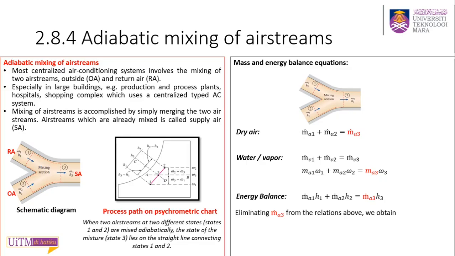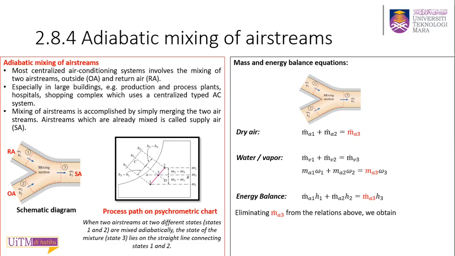Mixing of air streams is important to improve the quality of air supplied in the air conditioning system. It involves the mixing of return air RA and outside air OA, which will result in supply air SA. The schematic diagram and the process path on the psychrometric chart is shown in the figure below.